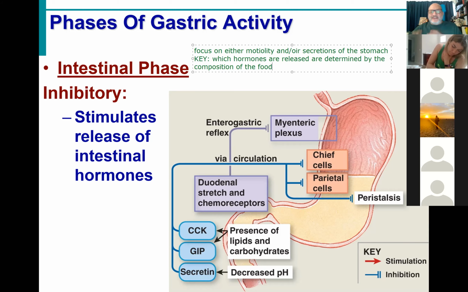So what's special about this hormonal inhibitory phase is that this is the first place really where the composition of the food matters. You could argue it matters in the cephalic phase, but if you think about it, the cephalic phase can be tricked.